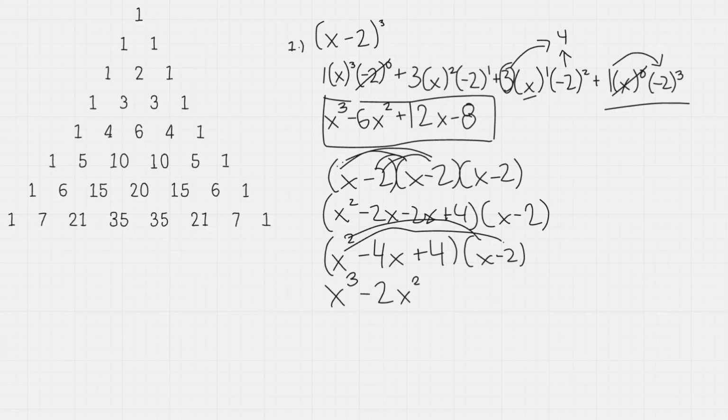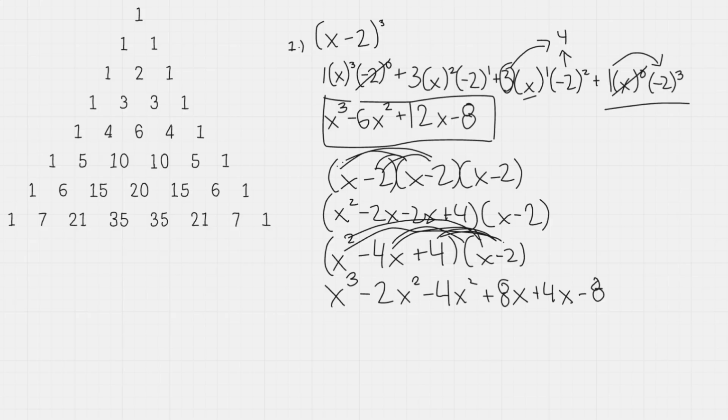Negative 4x times x will give us negative 4x squared. Negative 4x times negative 2 will give us positive 8x. 4 times negative 2 will give us negative 8.